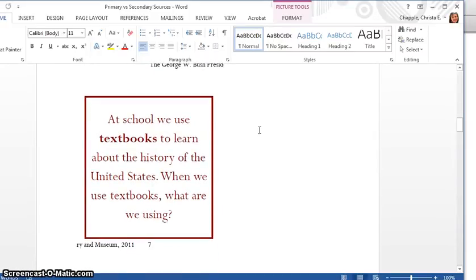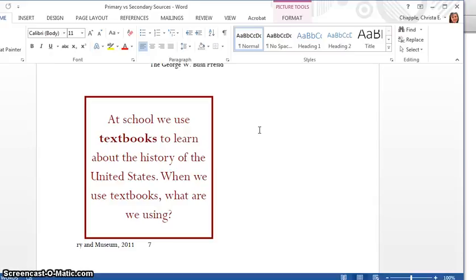At school, we use textbooks to learn about the history of the United States. When we use textbooks, what are we using? Okay, we're using a secondary source. Remember, textbooks reference primary sources. So they're written secondhand.